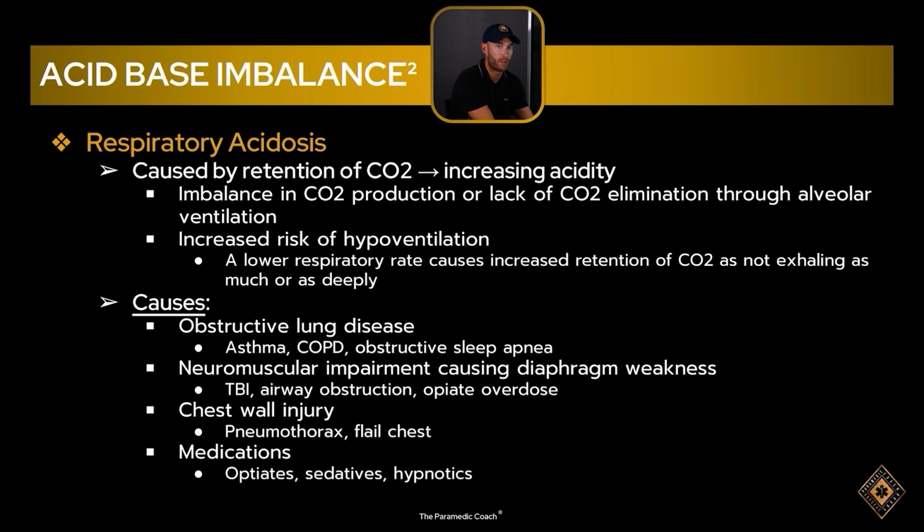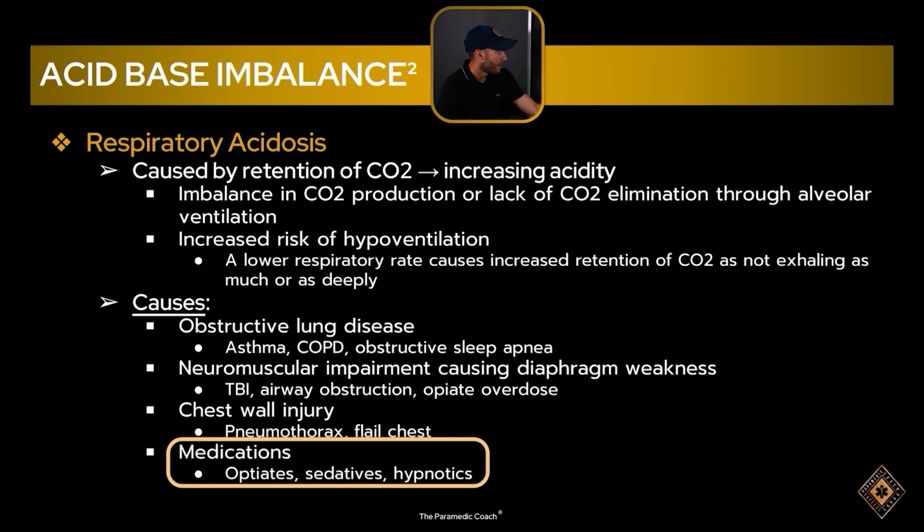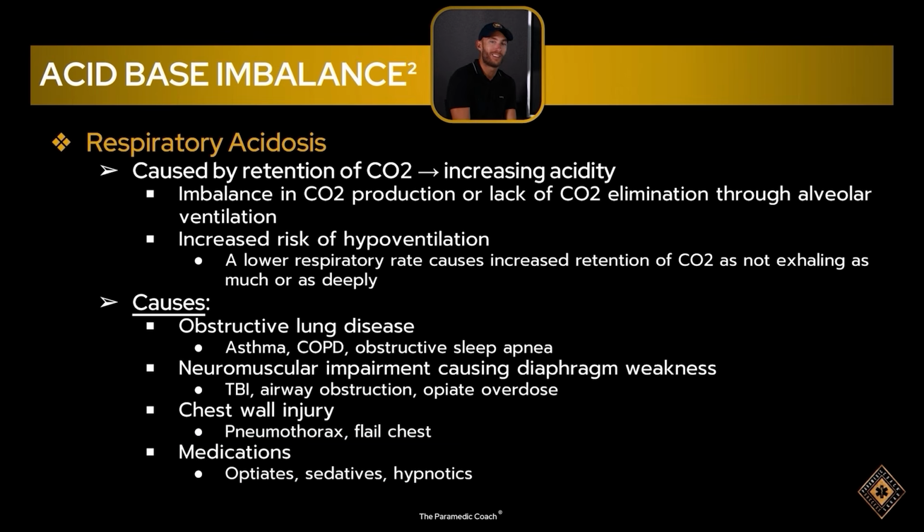Some people are just breathing too slow, but they all end up here. Make sense? Okay, medications. Look, so if I sedate you, what happens? Your respiratory rate gets really low. Well, if you're not breathing out as much or as deeply, we can get this, right? We all end up here. Is that fair? Okay, beautiful work. Let's continue.